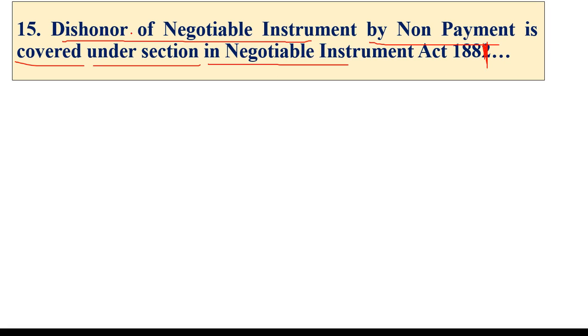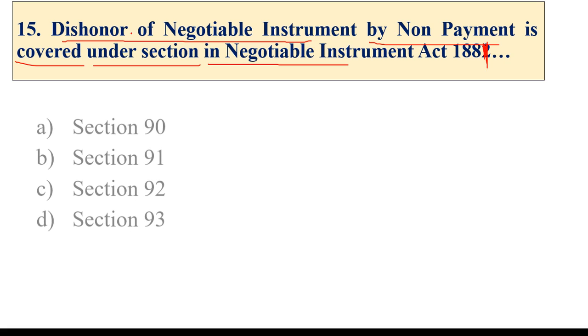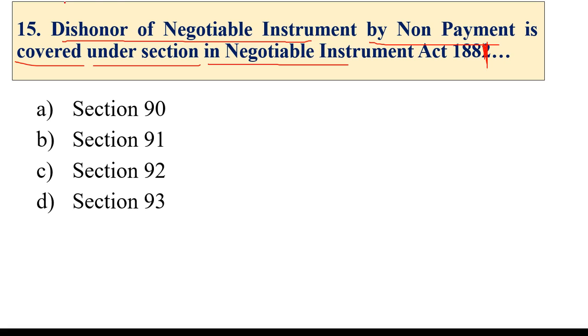So dishonor of negotiable instrument by non-payment. If the negotiable instrument has been dishonored due to non-payment of the particular instrument, under which section is it covered in the Act? So we'll see the options. Is it option A, section 90, option B, section 91, option C, section 92, option D, section 93?